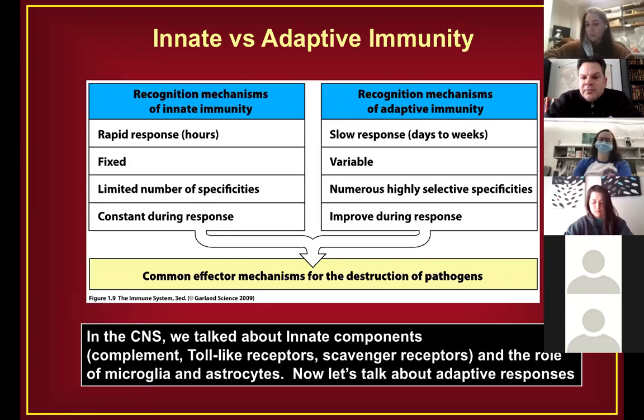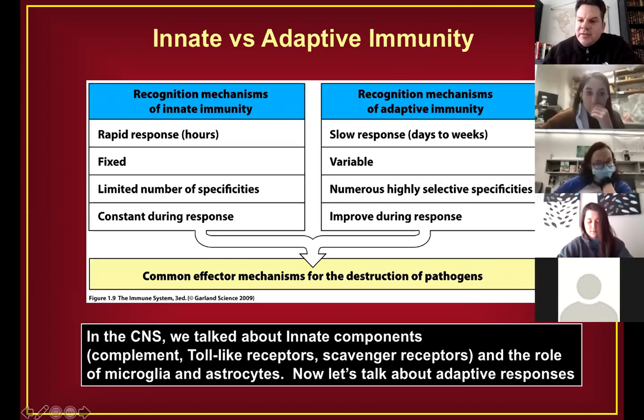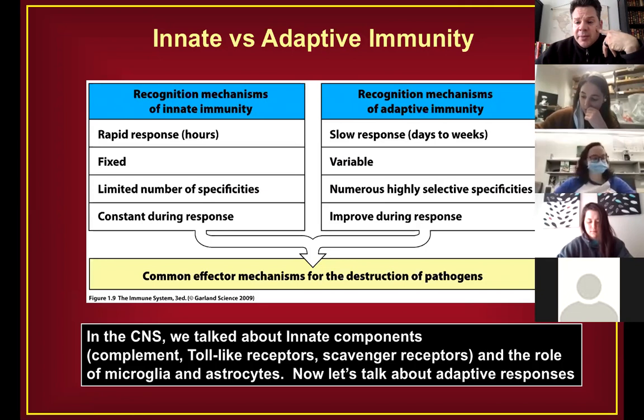Now, as we learn about more adaptive immunity, it takes a longer time. So one idea, and the reason that we have an innate versus adaptive, is the innate gives you some time to build up that adaptive. So in response to making antibodies takes days to weeks, and the response is highly variable and highly specific.